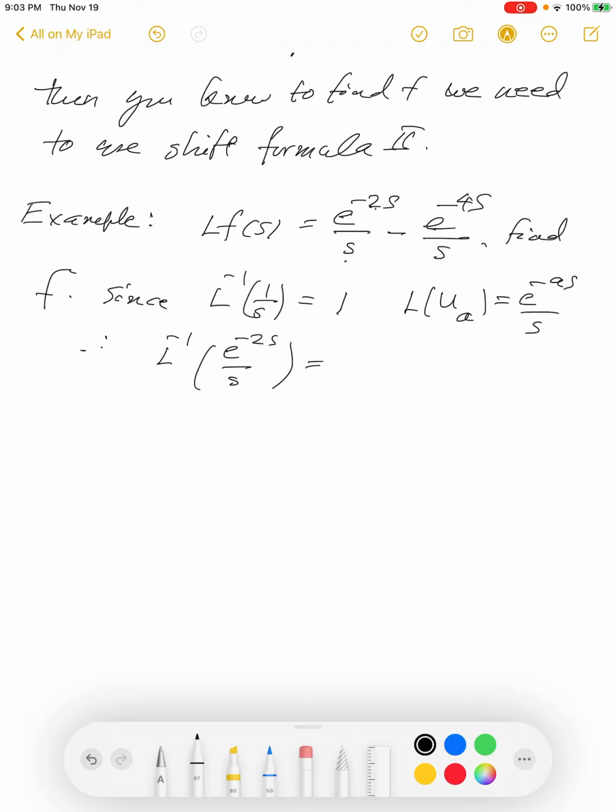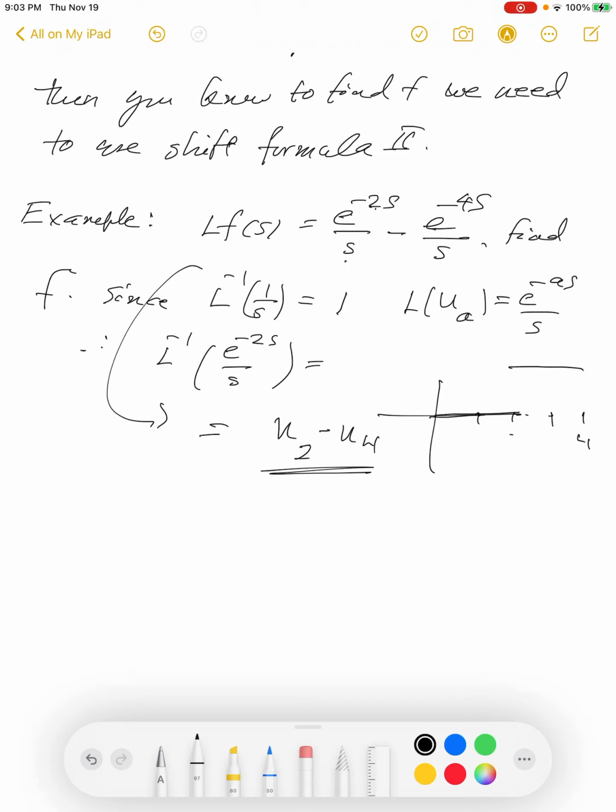So this problem is much more direct. I will just write down the answer directly: it's going to be u2 minus u4. That's going to be your function, which is the bump function between 2 and 4. So this function is 1 between 2 and 4 and is 0 everywhere else. That's your f.